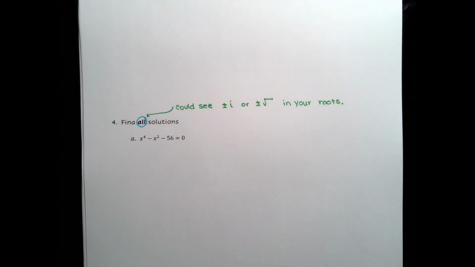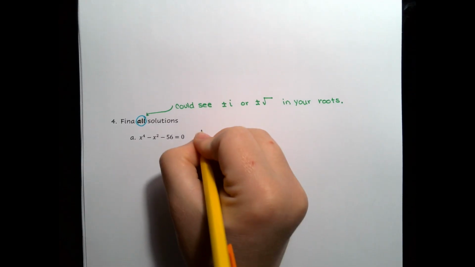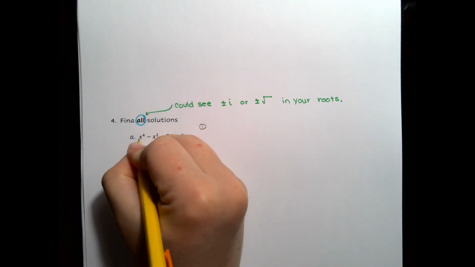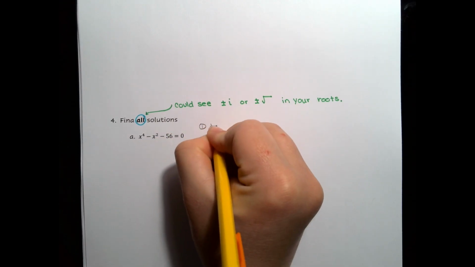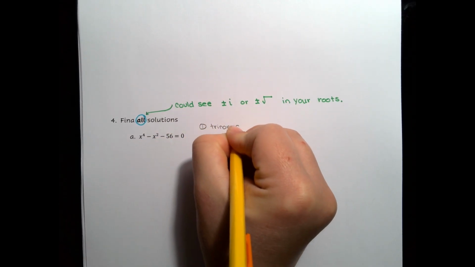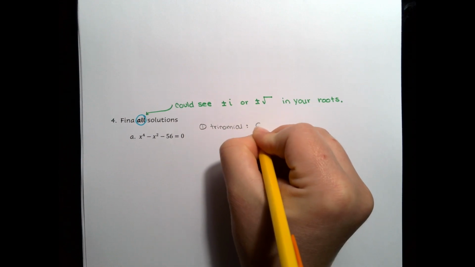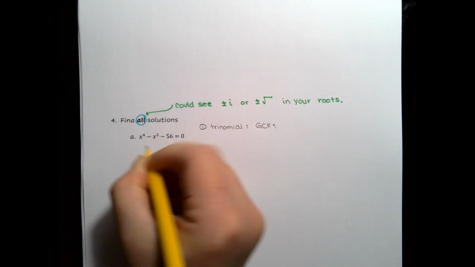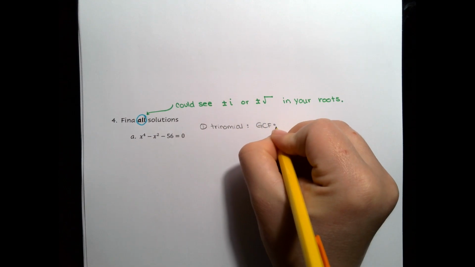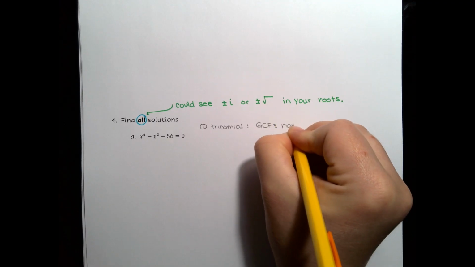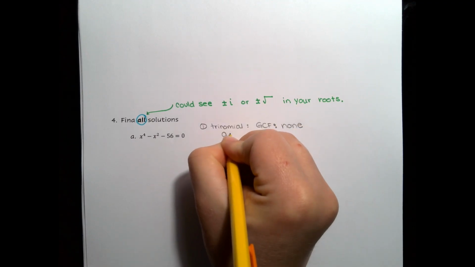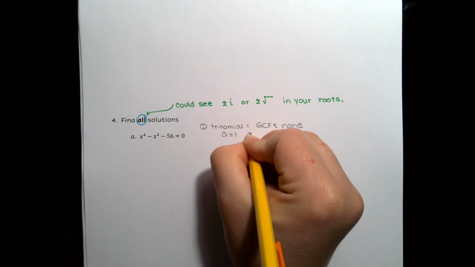So be careful on that one. Step number 1, let's go ahead and try to factor. What do I see? 1, 2, 3. So I see a trinomial. Let's check for GCF. X, X, no X. So I don't have a GCF. I see a leading coefficient of 1, so I'm going to try guess and check.